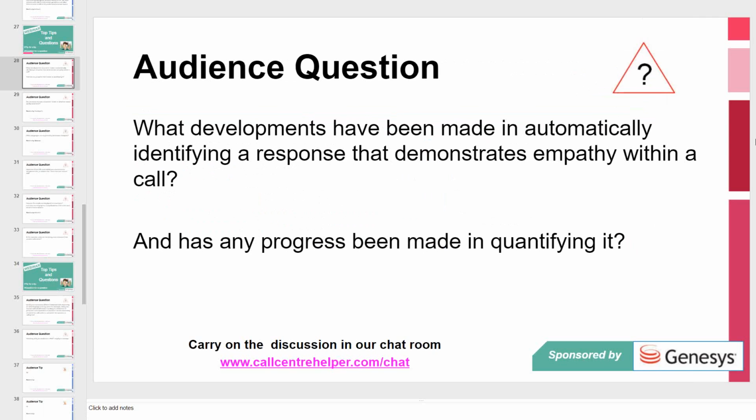And then those phrases can be automatically detected within every conversation that agent handles. And they can be measured, and therefore empathy can be quantified much more accurately, because otherwise, empathy in particular is a very subjective term that really depends on who is interpreting it, whereas when you define it as phrases, it can be measured much more objectively by interaction analytics.